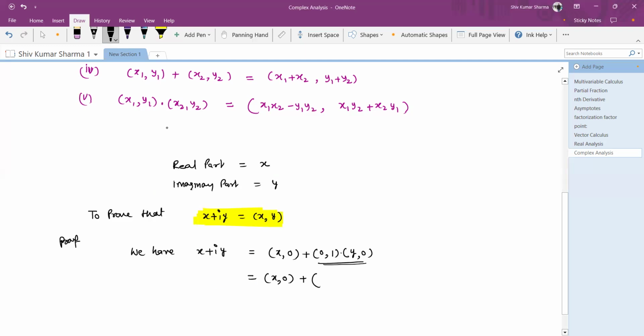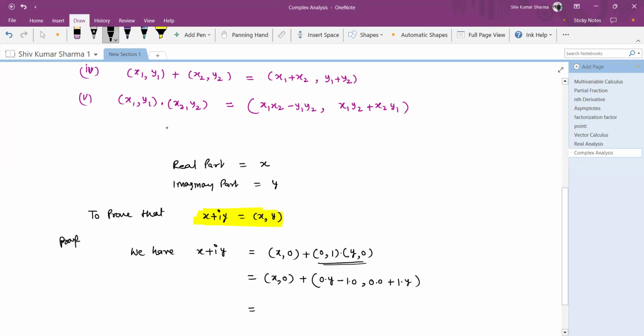So x1 into x2 is 0 into y, minus y1 into y2, which is 1 into 0, comma x1 y2, which is 0 into 0, plus x2 y1, which is 1 into y.